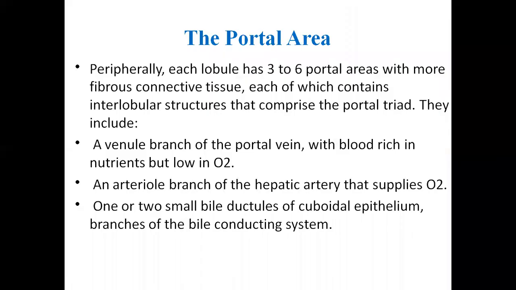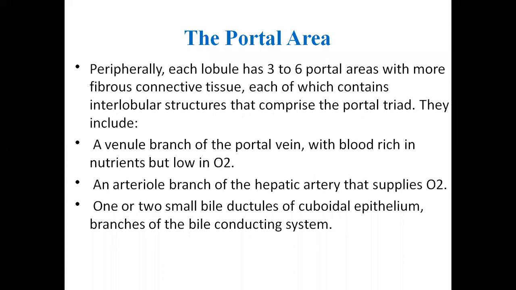The portal area: peripherally, each lobule has 3 to 6 portal areas with more fibrous tissue, each of which contains interlobular structures that comprise the portal triad. This portal triad contains a branch of the portal vein and a branch of the hepatic artery.